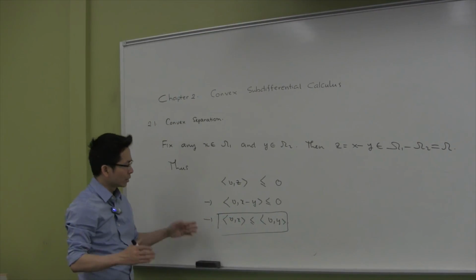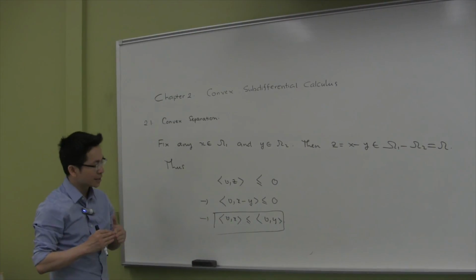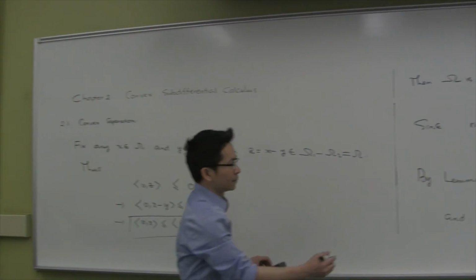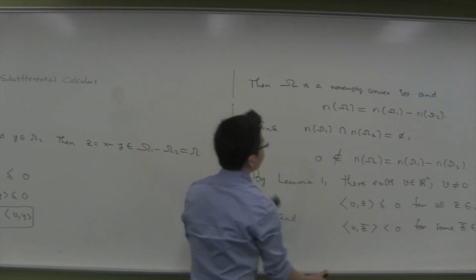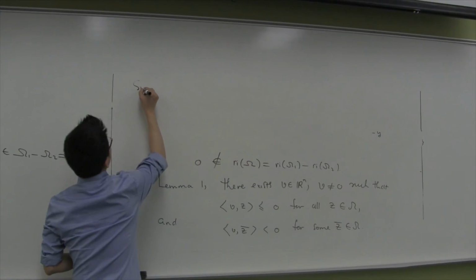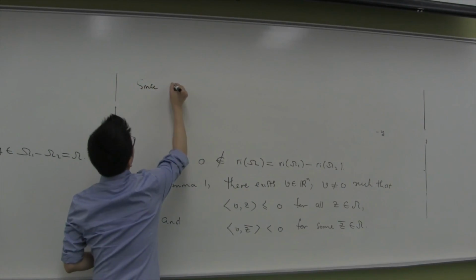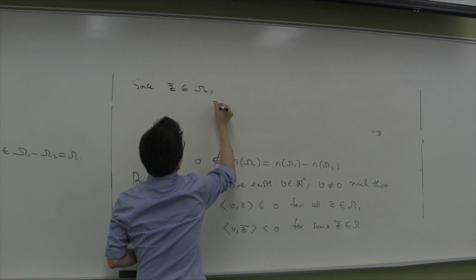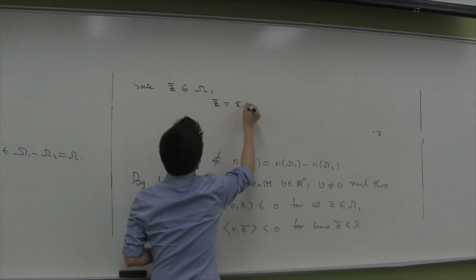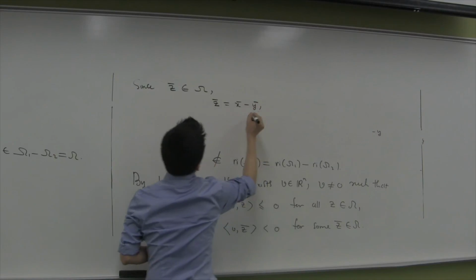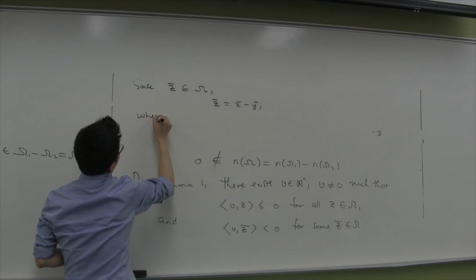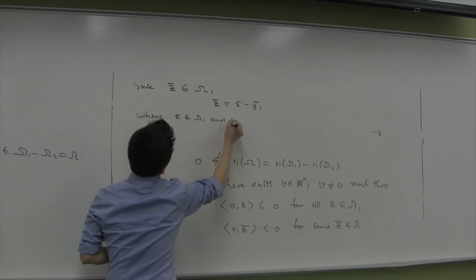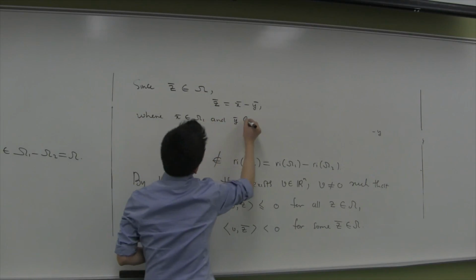Okay, so we have showed that the first property of the proper separation property is satisfied. Now we can also prove that the second property is satisfied easily using this property. Since G bar belongs to omega, G bar can be written as x bar minus y bar, where x bar belongs to omega 1 and y bar belongs to omega 2.